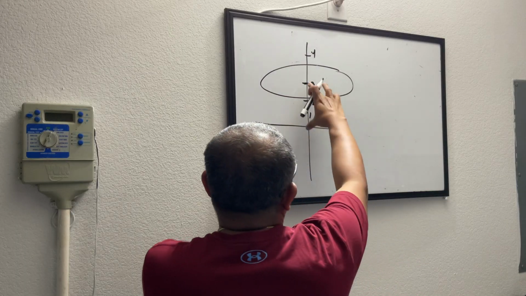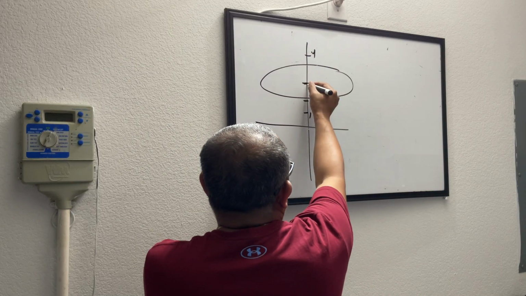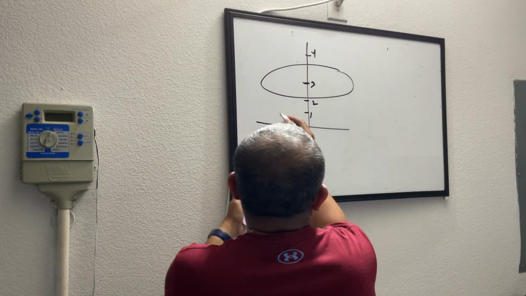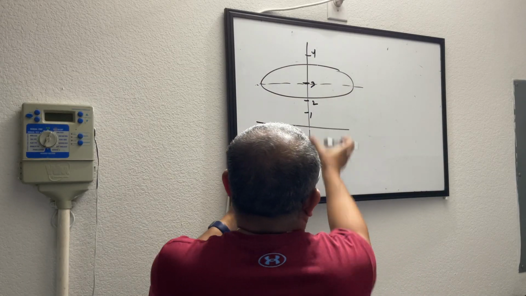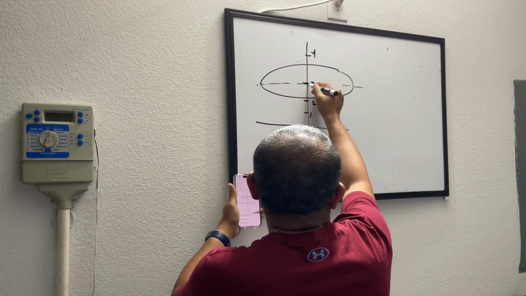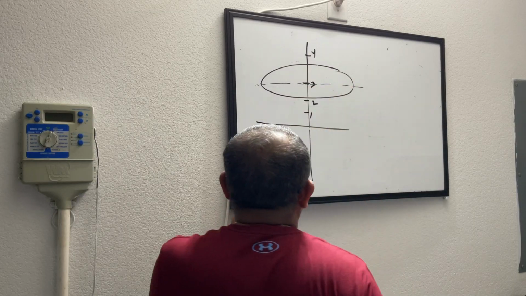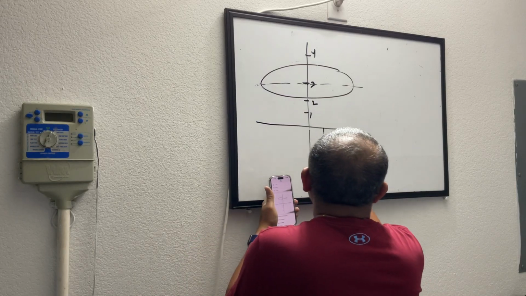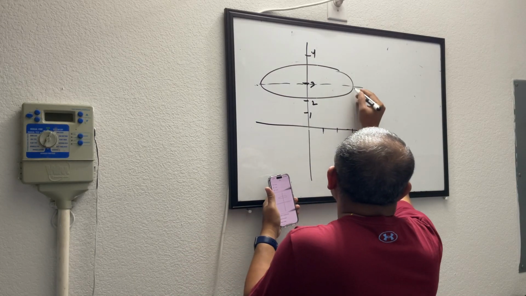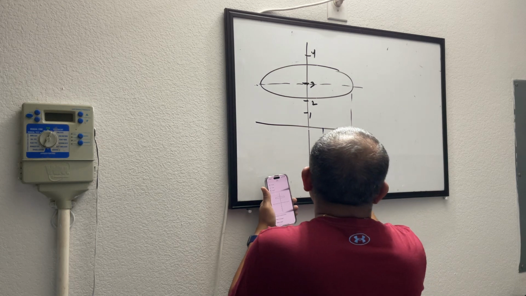On the y-axis, the major axis is crossing this point where y is equal to 3. And then here, 1, 2, 3.